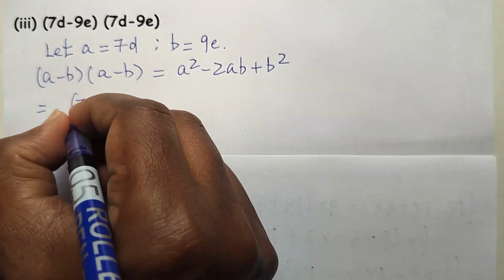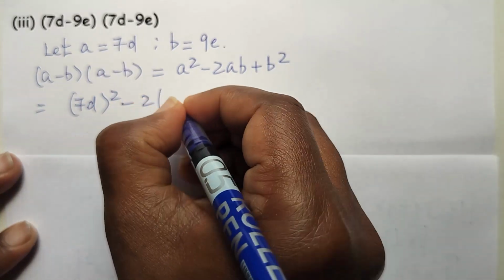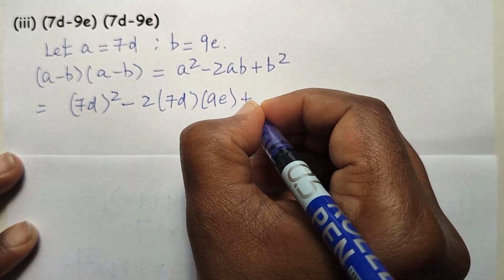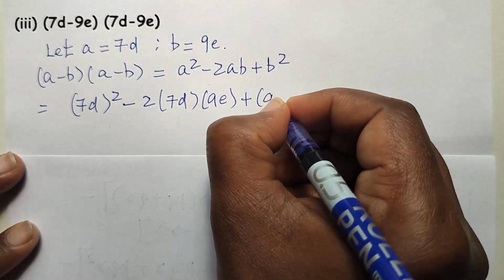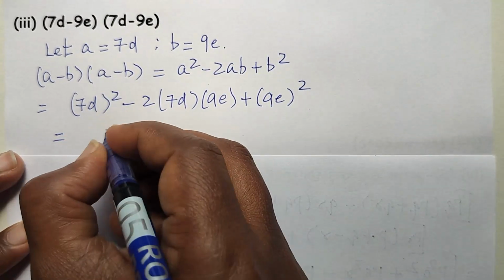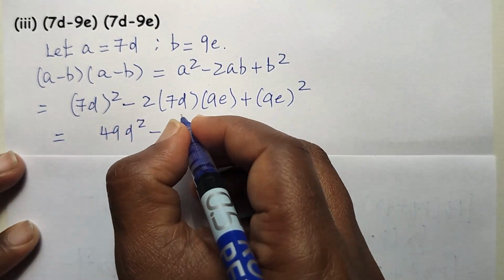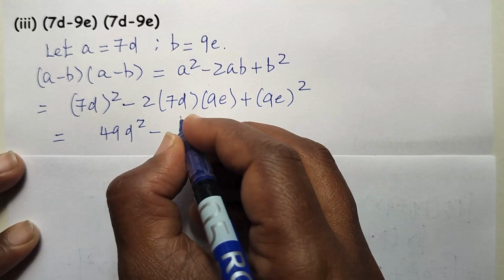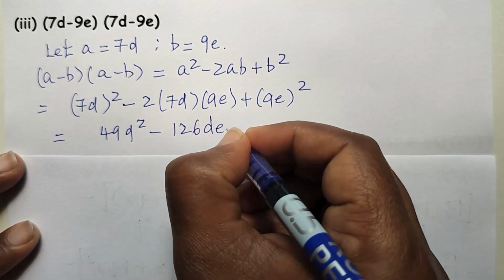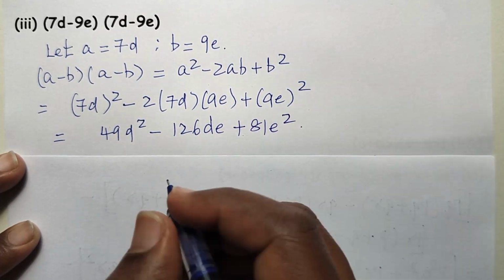So (7d) whole square minus 2 into 7d into 9e plus (9e) whole square here. (7d) whole square, which is 49d square, minus 2 into 7 into 9, that will be 126de plus 81e square here.